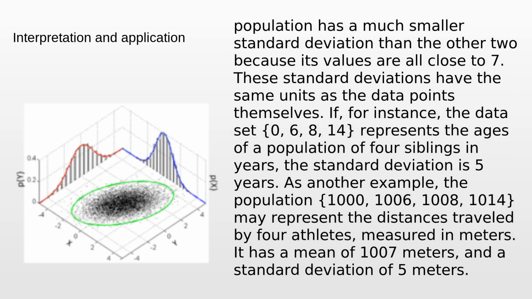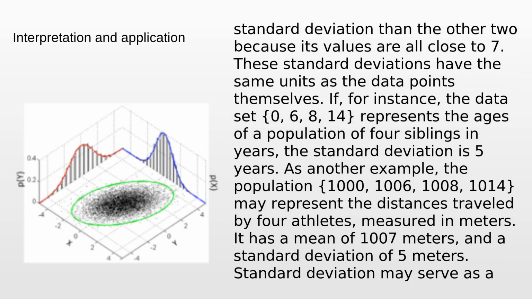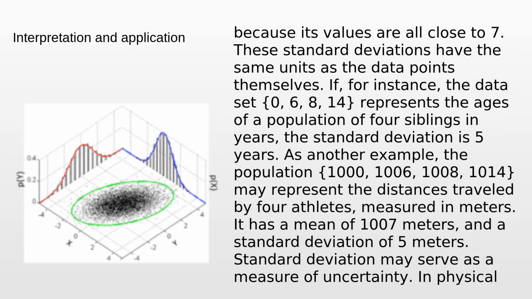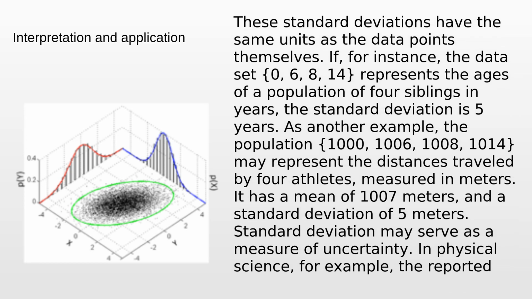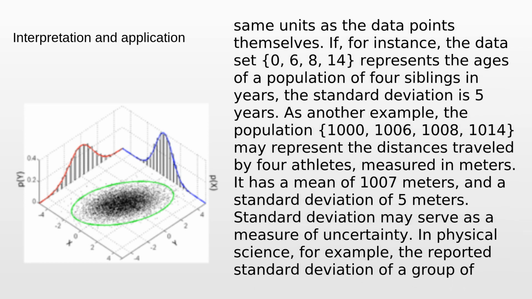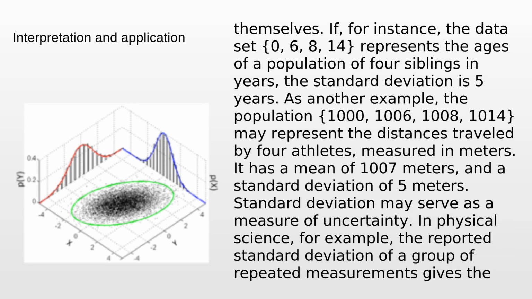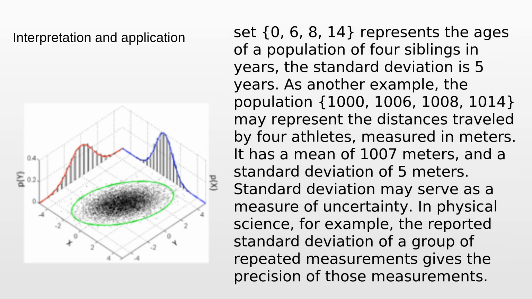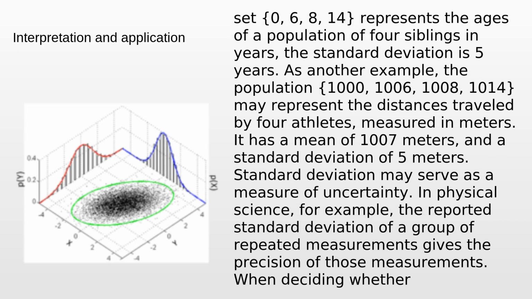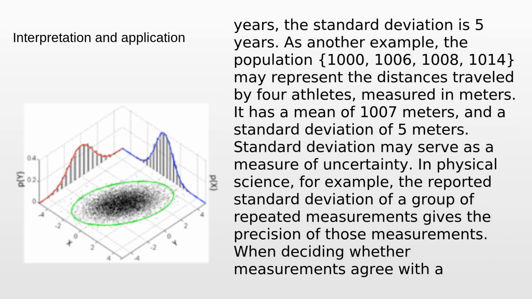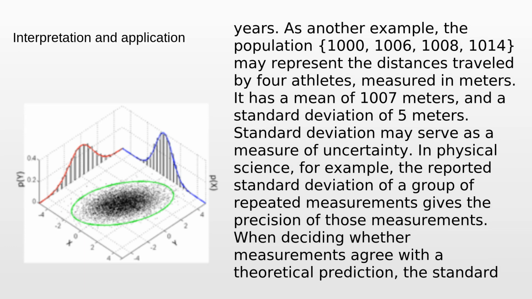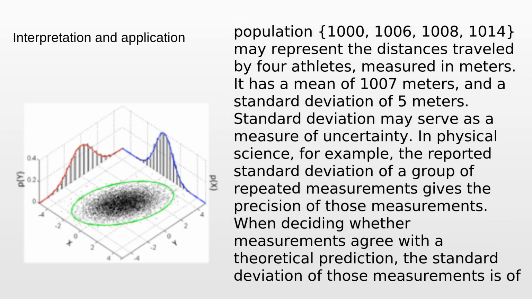respectively. The third population has a much smaller standard deviation than the other two because its values are all close to 7. These standard deviations have the same units as the data points themselves. If, for instance, the dataset 0, 6, 8, 14 represents the ages of a population of 4 siblings in years, the standard deviation is 5 years.